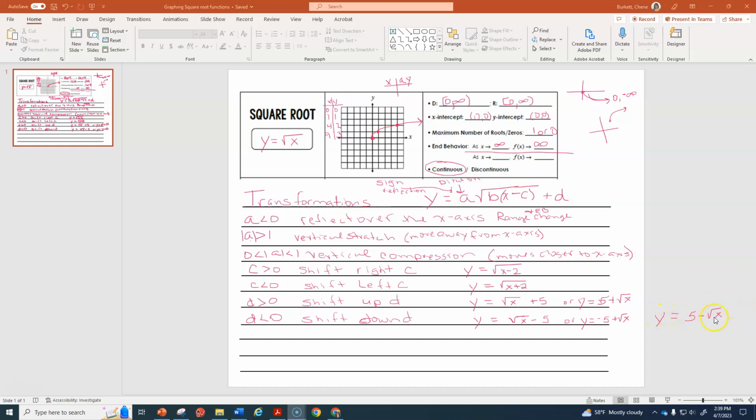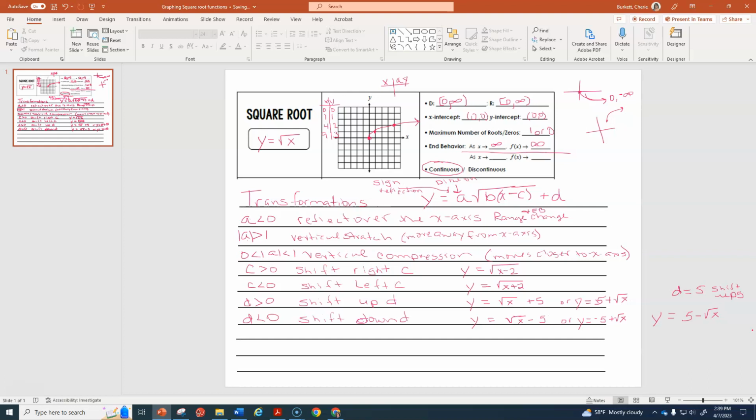Y equals 5 minus the square root of x. That has two transformations. It has a D value of positive 5, which means it's going to shift up 5. And then that negative right there is a negative 1 that's being multiplied times that square root of x.